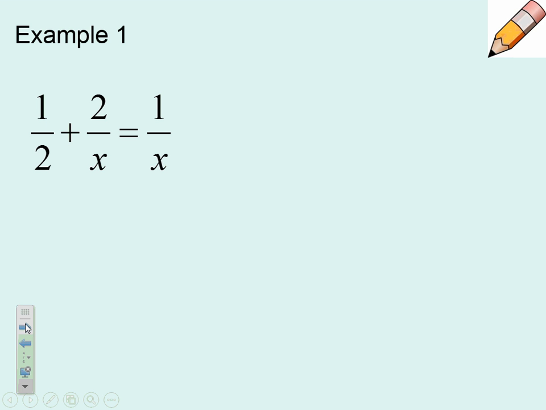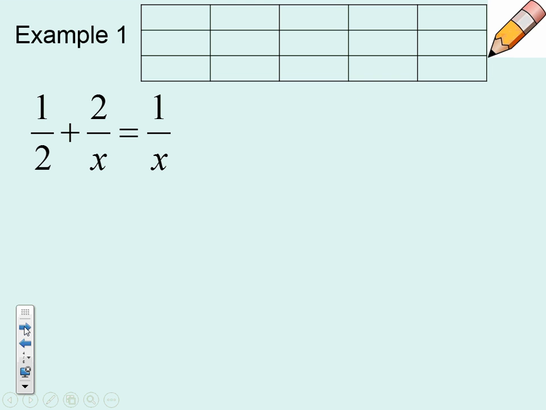To make a common denominator, remember here's where we take that little table and ask ourselves, what does fraction 1 have? Fraction 1 has a 2. What does fraction 2 have? It has an x, so I'm going to make a column for an x. And what does fraction 3 have? Fraction 3 has an x.